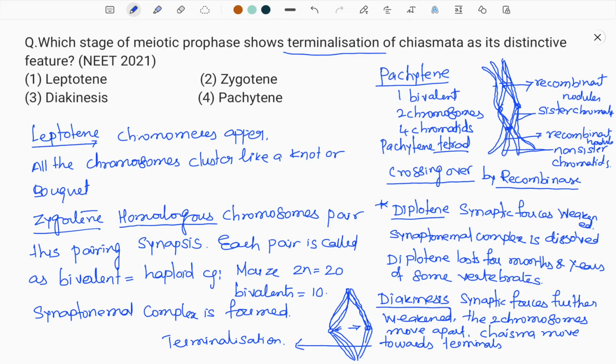What takes place in leptotene? Where are the recombination nodules formed, where non-sister chromatids attach to each other? Crossing over takes place in? Terminalization takes place in? Synaptonemal complex is dissolved in? Bouquet stage is formed in? Knot stage is formed in? Because every heading, every concept is associated with some metabolic function regarding the chromosomes.